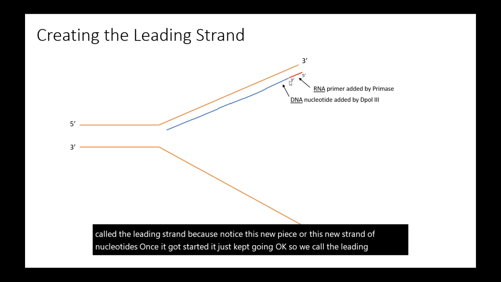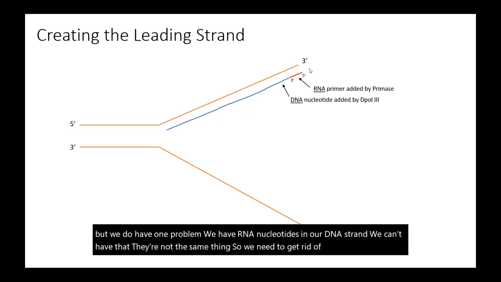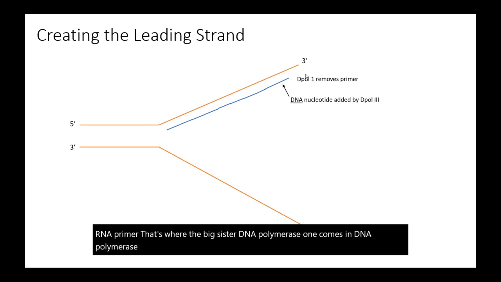But we do have one problem. We have RNA nucleotides in our DNA strand. We can't have that. They're not the same thing. So we need to get rid of this RNA primer. That's where the big sister, DNA polymerase 1, comes in. DNA polymerase 1 removes that primer. Well, now we have a new problem, right?